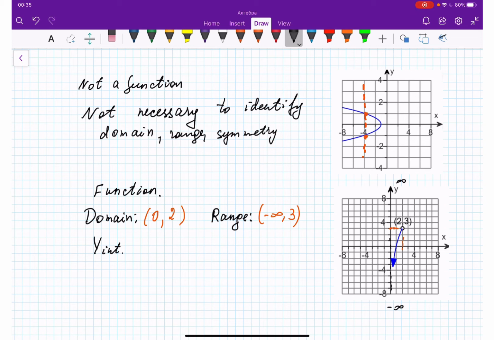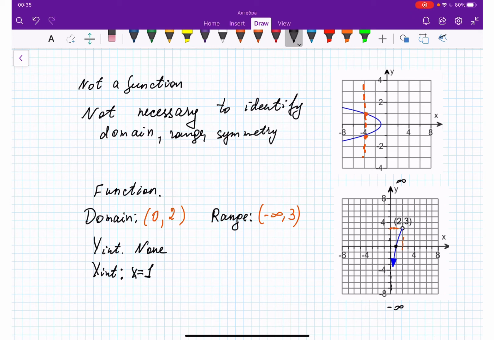Correct, there is no y-intercept. Okay, none. And the x-intercept? Where do we have the x-intercept? Right here. And that is the value of 1, right? x equals 1. All right.